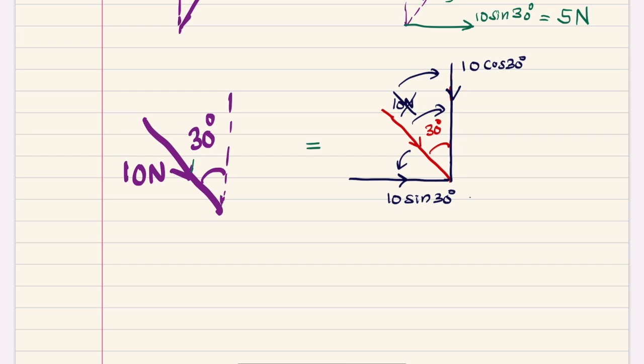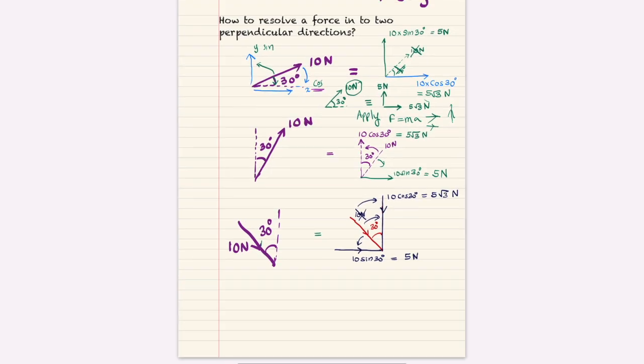The value is going to be the same. So 10 cos 30 will be 5 root 3 newtons, and 10 sin 30, sin 30 being half, will be 5 newtons. That's how you resolve a single force.